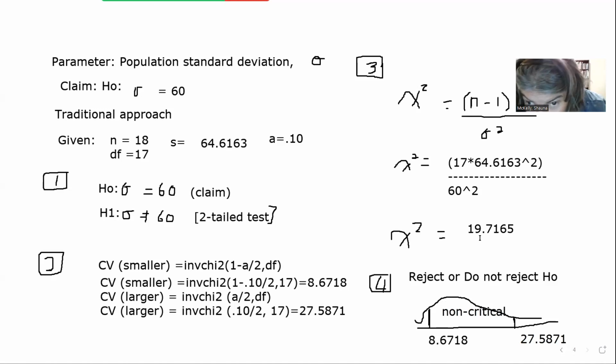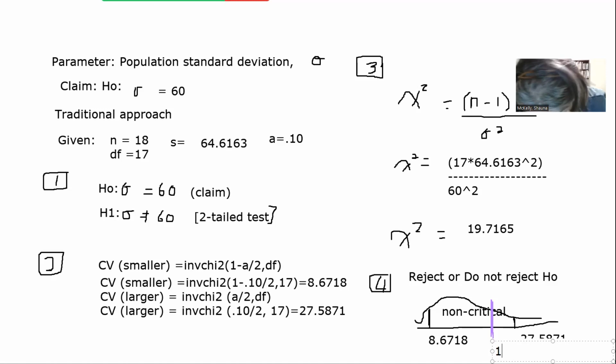Now, where is this chi-squared statistic? Let me put it in purple over here. We don't know exactly where it is, but it's past 8 and before 27. So maybe it's here somewhere, right? So in this case, my test statistic falls in the non-critical or the non-rejection region.